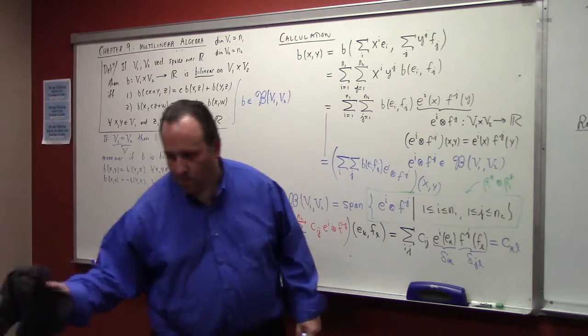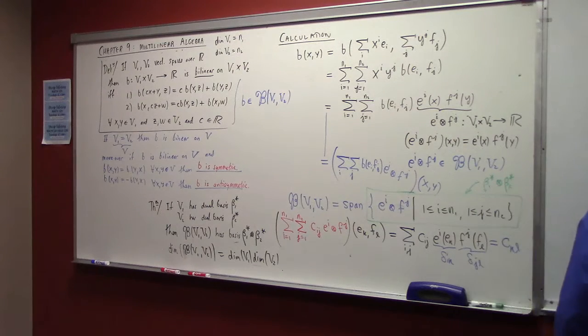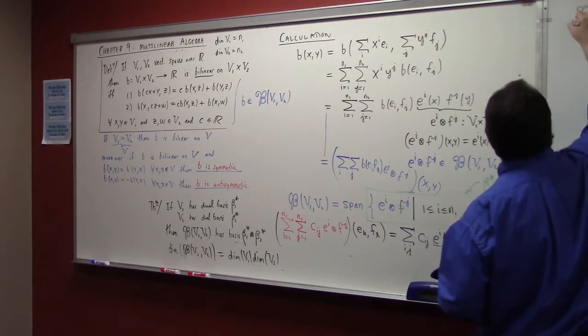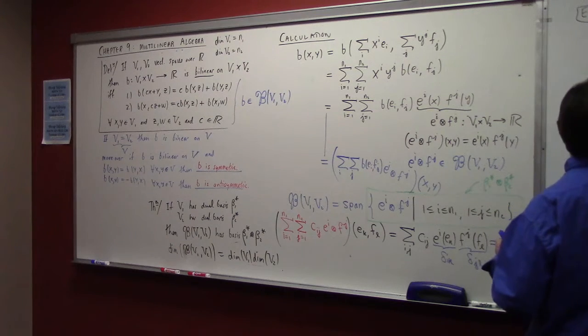Well, I give two examples actually. So let's see here. We're on example 3. So example 3 is simply this: b of x comma y equals x dot y.